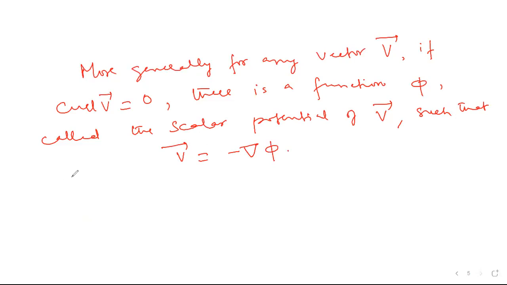I repeat, for any vector v, if curl v is 0, that is v is a conservative field, then there exists a function phi called scalar potential of v, such that v is minus gradient of phi, right?